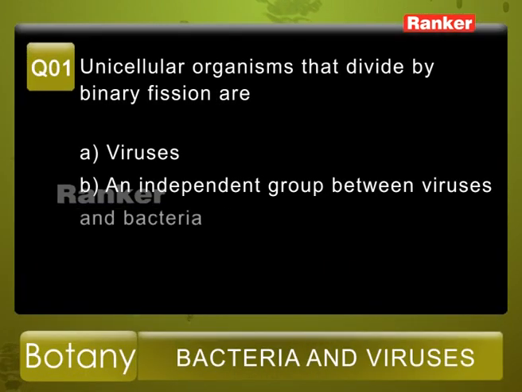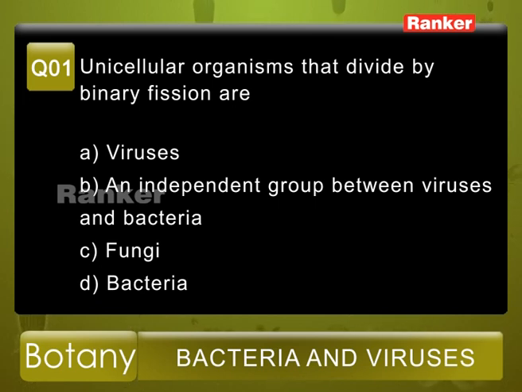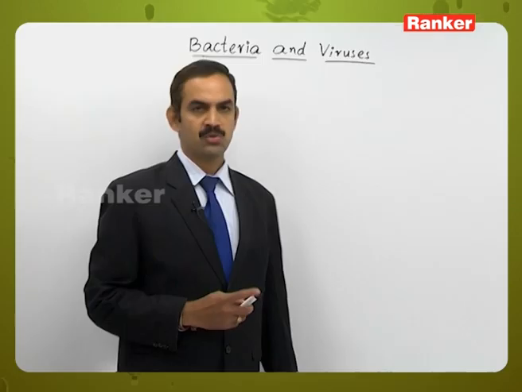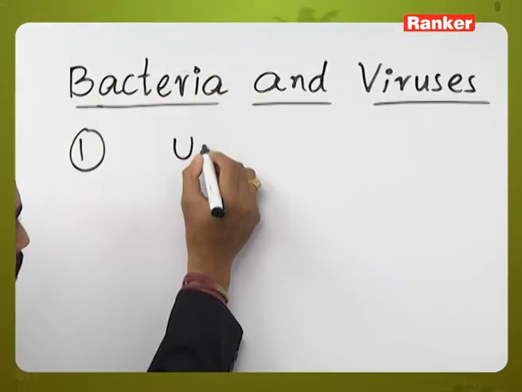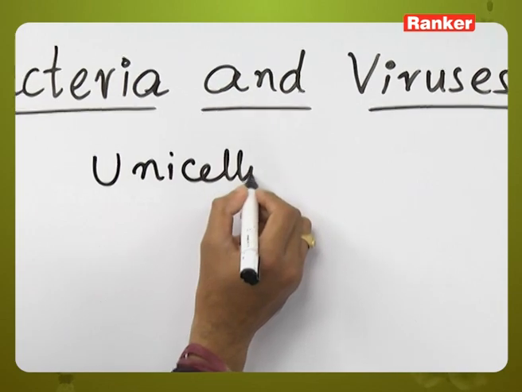Question number 1. Unicellular organisms that divide by binary fission are: A. Viruses, B. An independent group between viruses and bacteria, C. Fungi and D. Bacteria. The question is related to unicellular organisms.